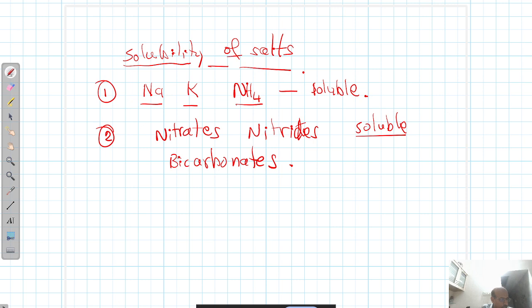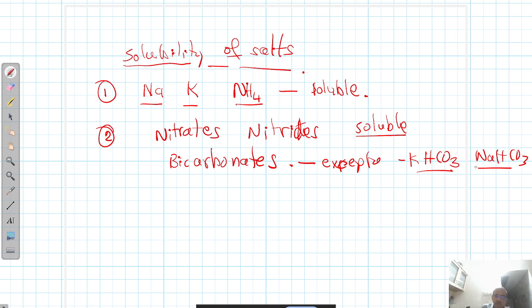All bicarbonates are soluble, but there is an important exception: potassium bicarbonate and sodium bicarbonate are not much soluble.